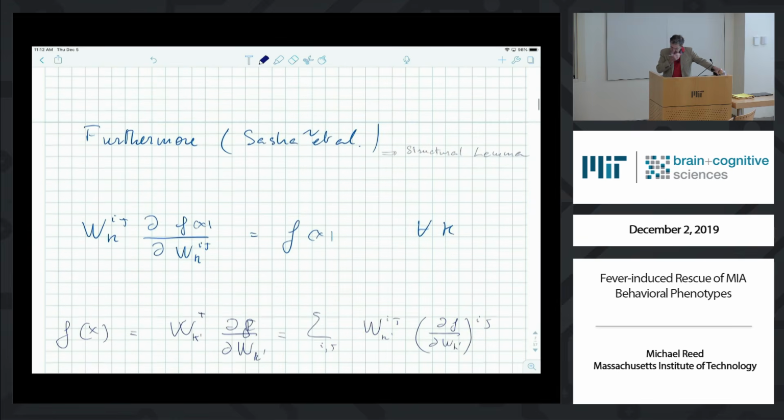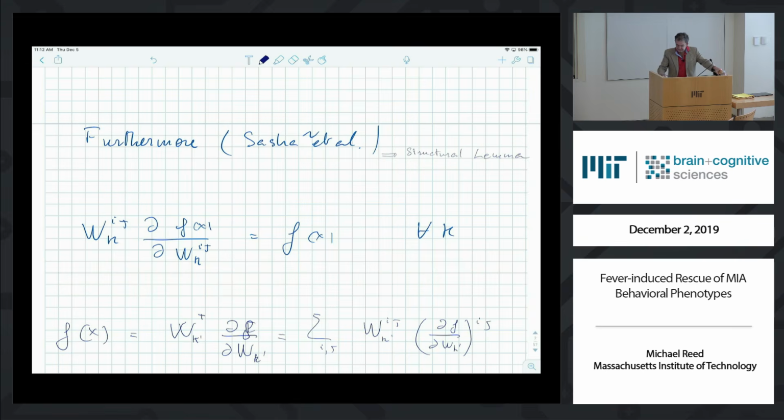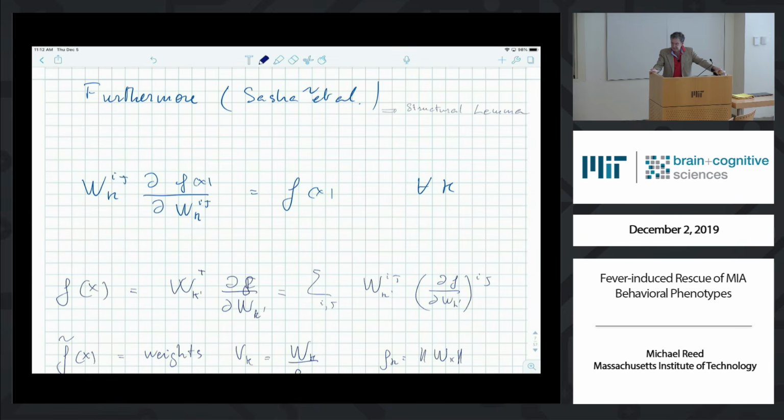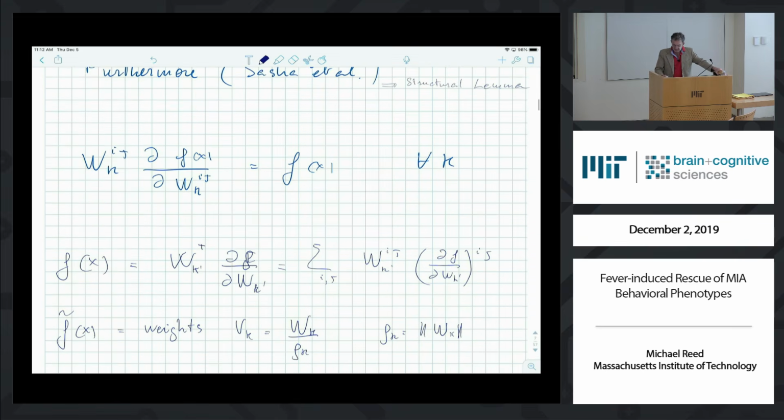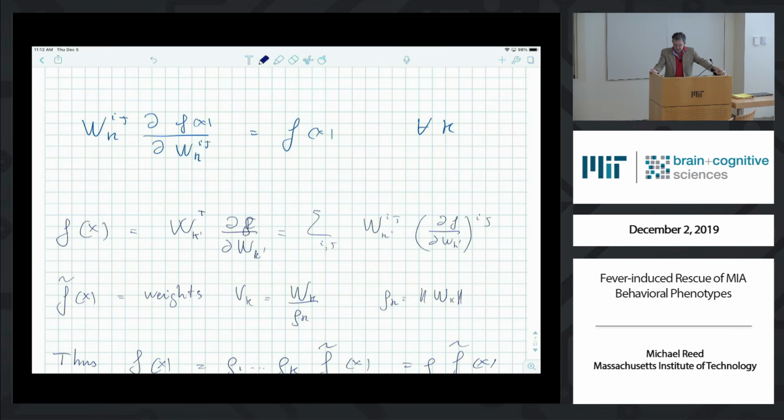There is also this other interesting property in a paper by Sasha, which is that if I now consider the matrix W as a vector, in lexicographic order for instance, then let me write it for now like this.